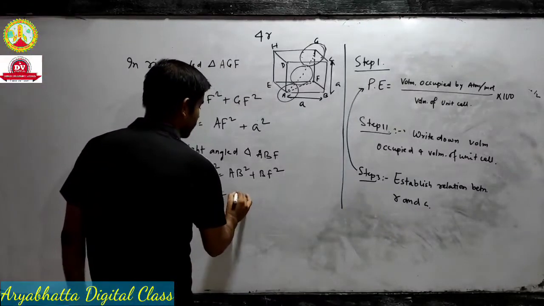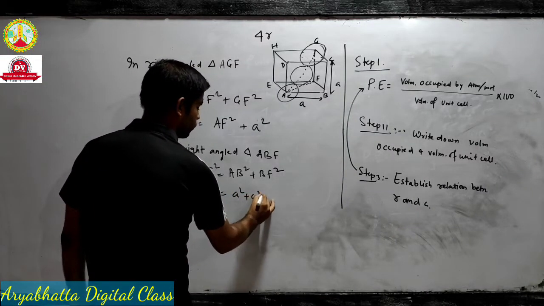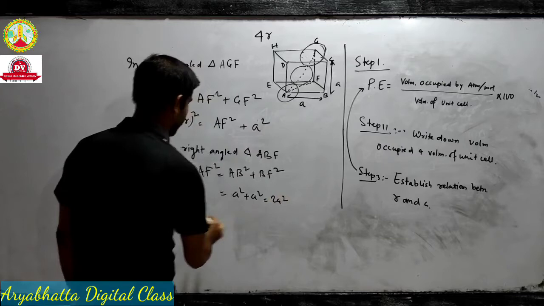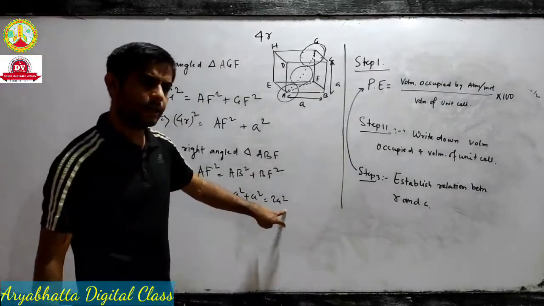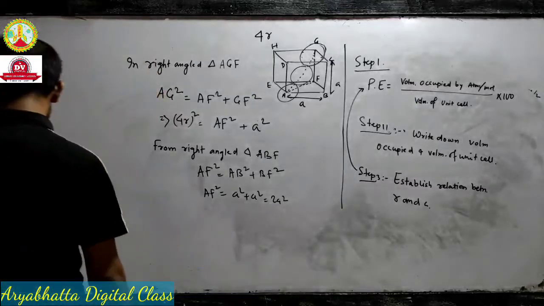This is A square and this is A square, so AF square will come out to be 2A square.